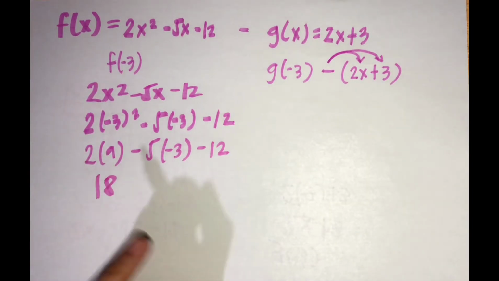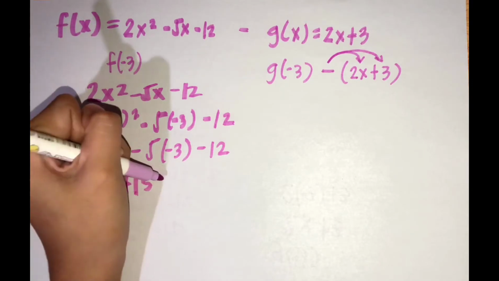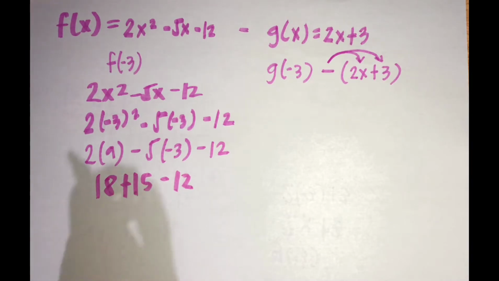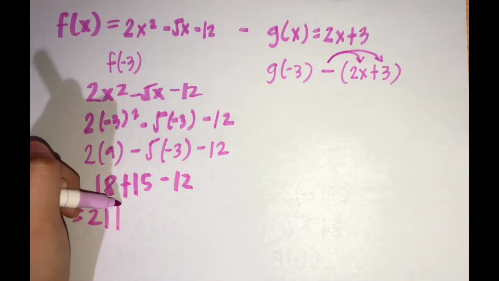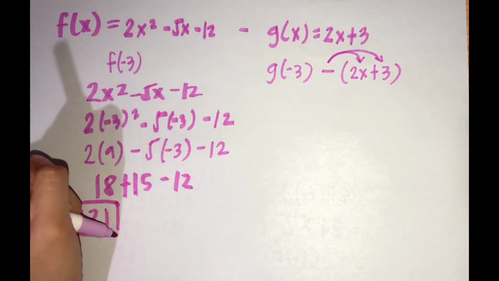Negative 5 times negative 3 is equal to positive 15 minus 12. 18 plus 15 minus 12 is equal to 21. So our f of negative 3 is 21.